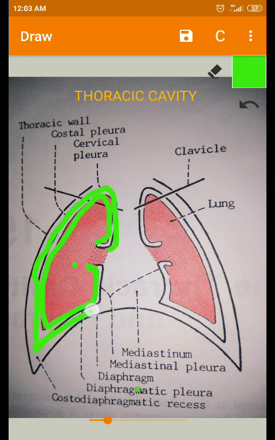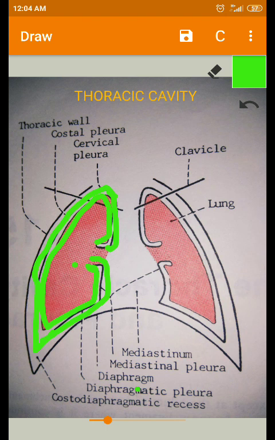This layer is called the pleura. The pleura is a serous membrane which is lined by mesothelium. We have already studied this mesothelium in the epithelial tissue. So this is a flattened epithelium.